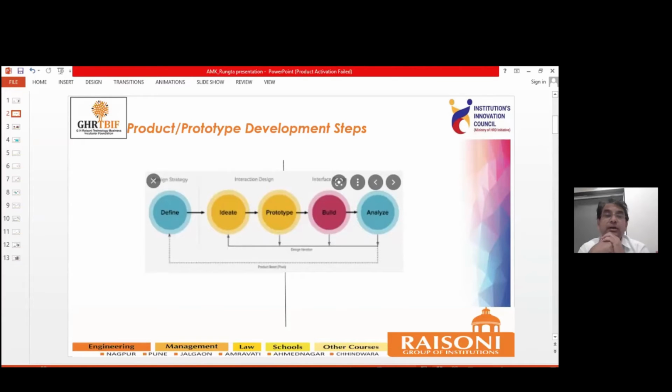Now coming to the prototype, this is the third step in product design. After ideate, as you define the problem, you are very clear with the vision, mission and goal of your product development. Sometimes, I'm just explaining in a very simple way, I'm going to design a new mobile, or one grass cutter machine.